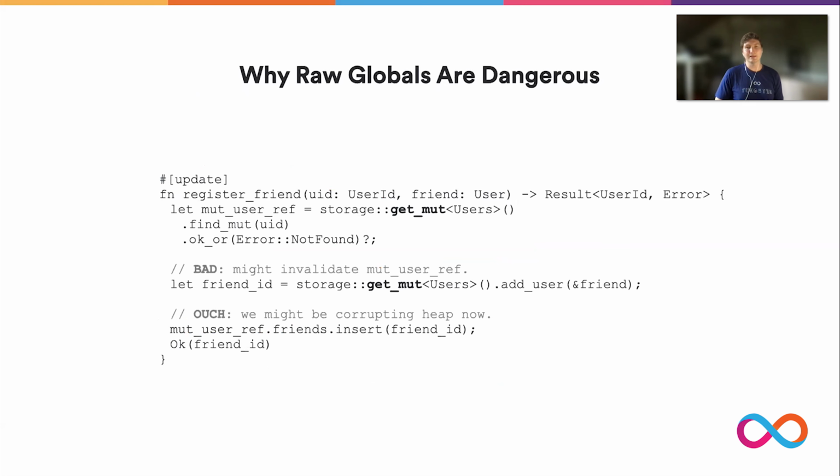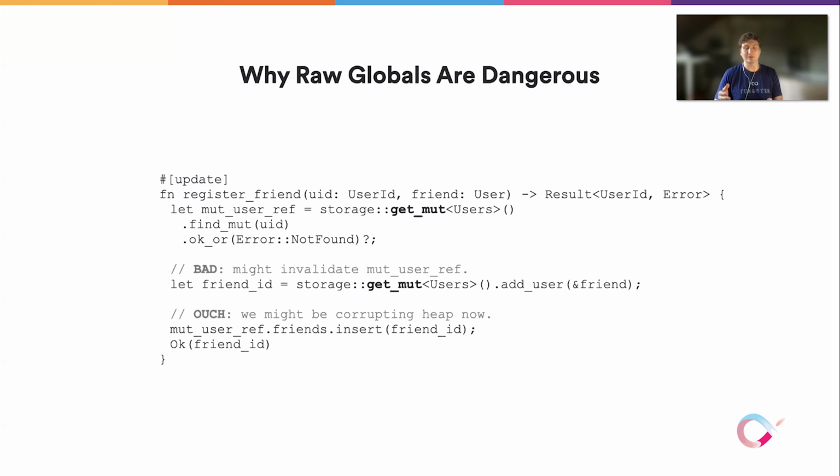Let's imagine that we have a simple function. You give it a user ID and the friend, which is just data. So you want to add a new friend, and the friend is not part of the state of your canister yet. It's a bit contrived, but I think it demonstrates the problem well. So what we can do first, we can go to storage.